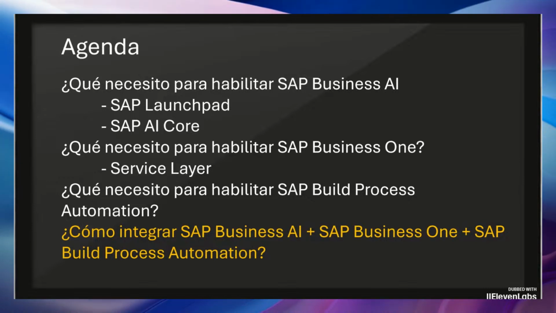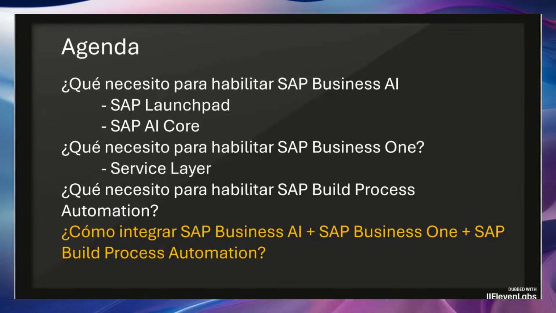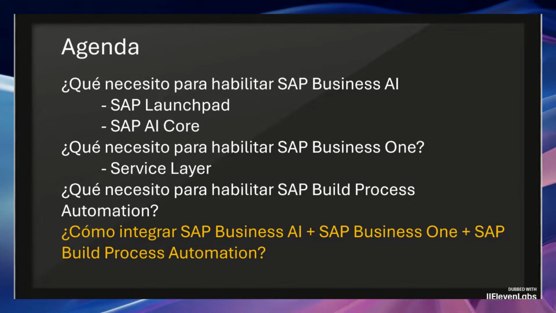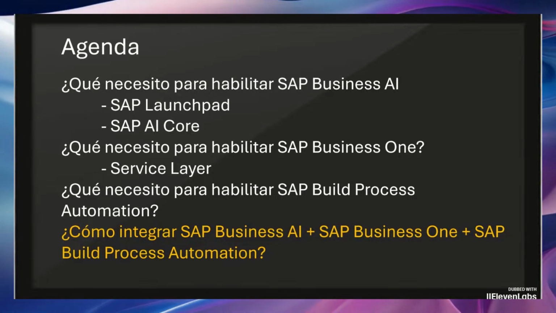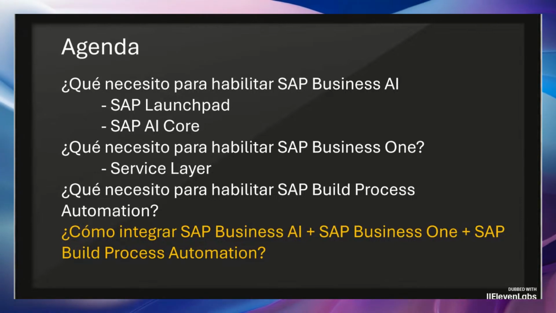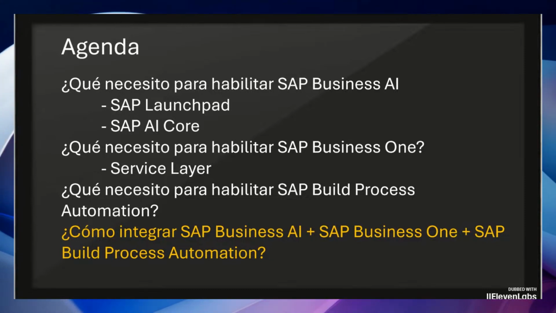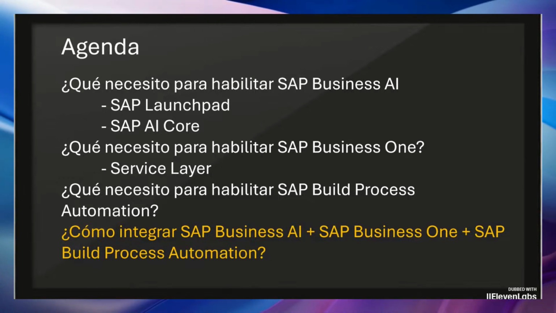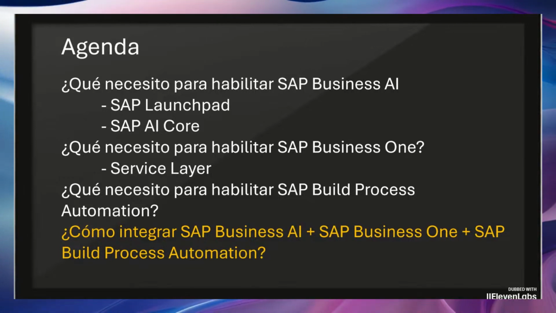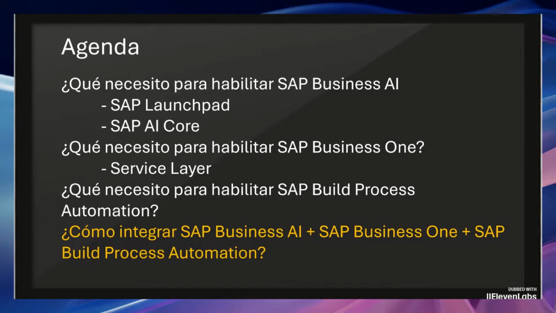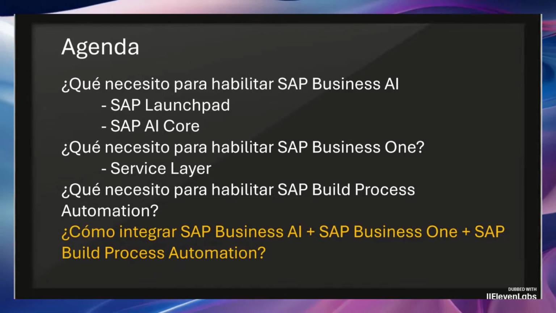Access to the service layer, preferably available through port 50,000, and to have a digital certificate enabled. It says, what do I need to enable SAP Build Process Automation? And lastly, how to integrate SAP Business AI with SAP Business One and SAP Build Process Automation. This is the agenda we want to cover today.